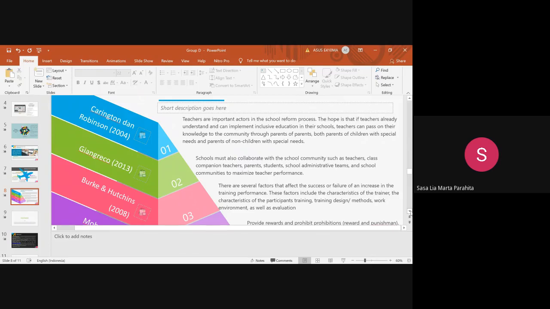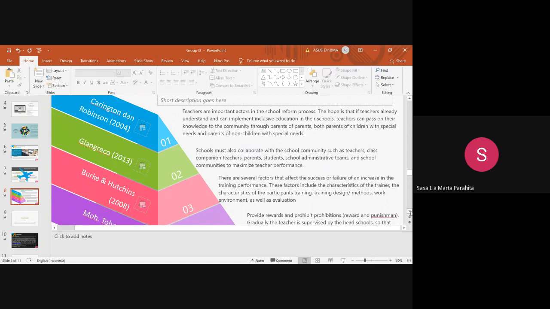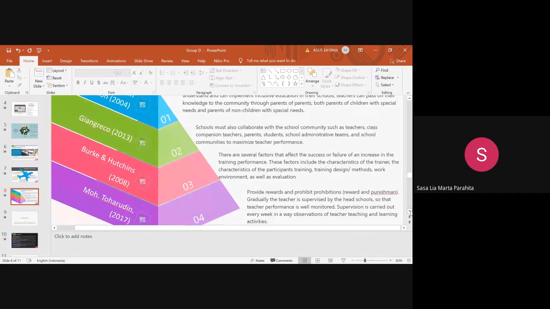The second is from John Greco, 2013. Schools must also collaborate with the school community, such as teachers, class companion teachers, parents, students, school administrative teams, and school communities to maximize the teacher performance. The third is from Burke and Hutchins, 2008.